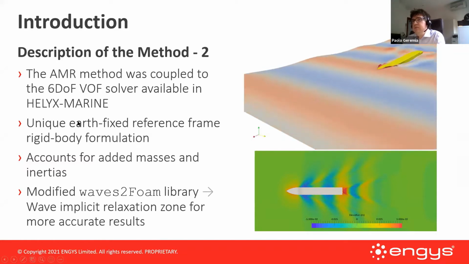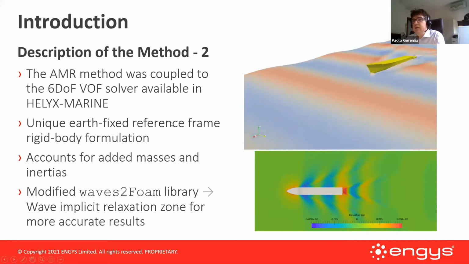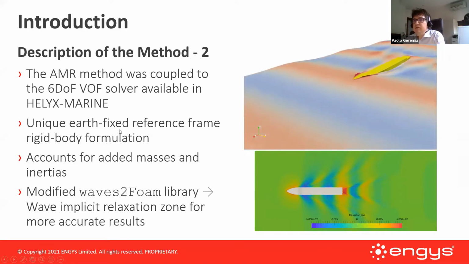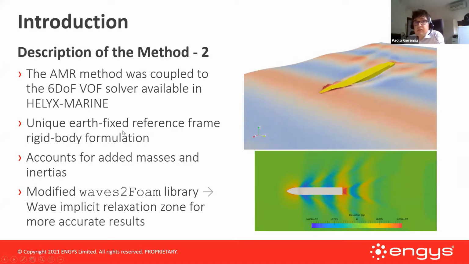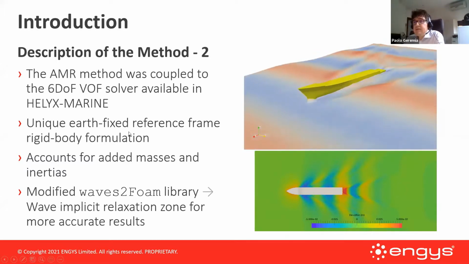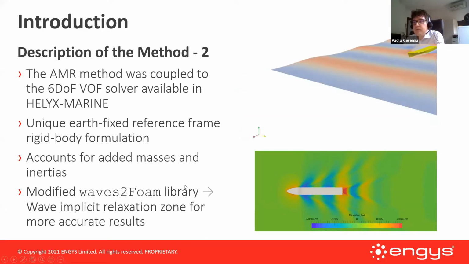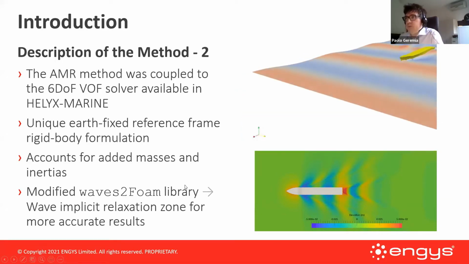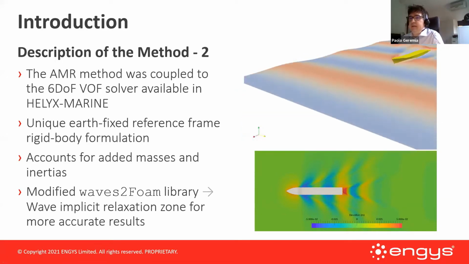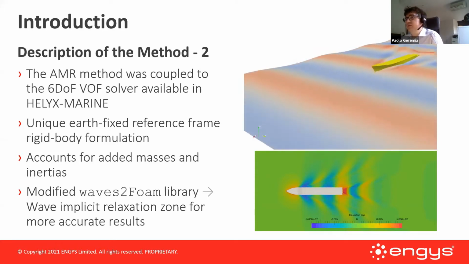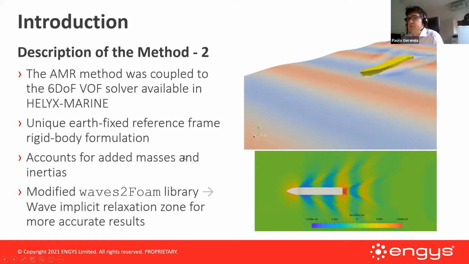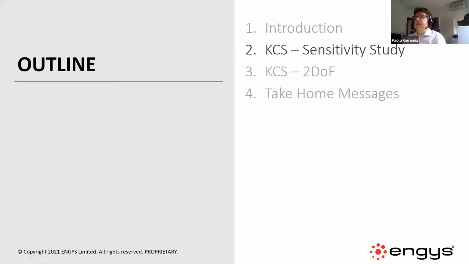So you can model the 6DOF, and it's based on a hard-fixed reference frame, rigid body formulation. It accounts also for added masses and inertias, and it couples to waves2Foam for the wave libraries. We modified the relaxation zone, so we had an implicit formulation instead of the default explicit one for more accurate results.